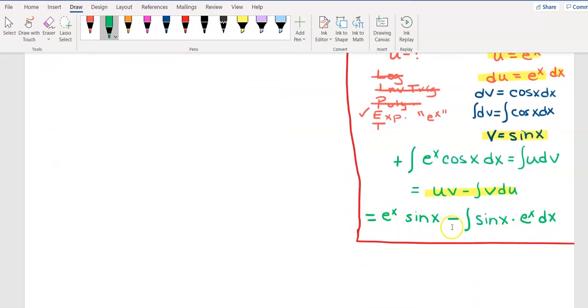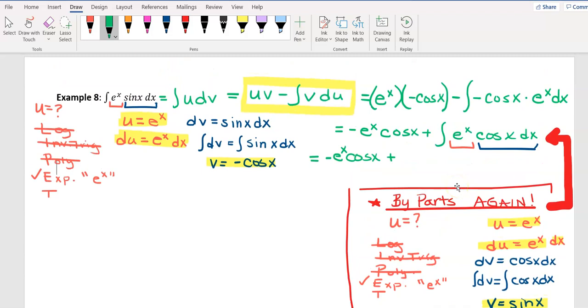Okay, so e to the x sine x, let's write that part first, e to the x times the sine of x minus the integral of the sine of x times e to the x dx.